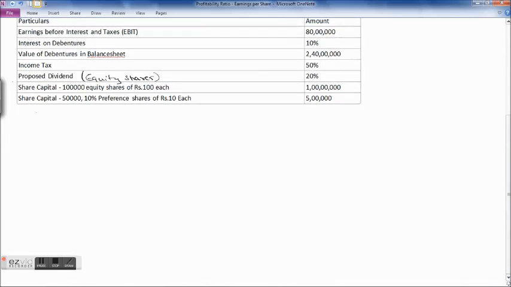Earning before interest and tax is 80 lakhs.